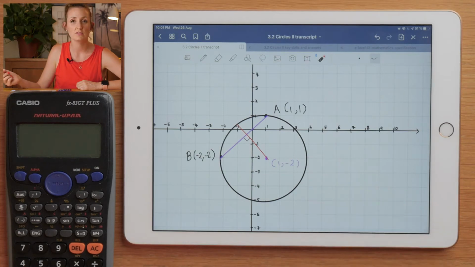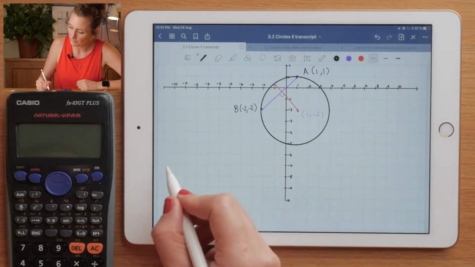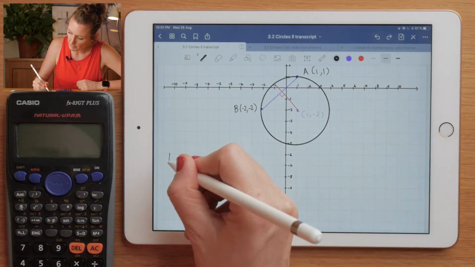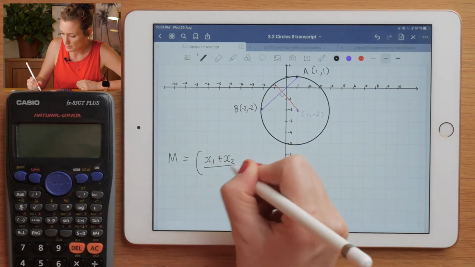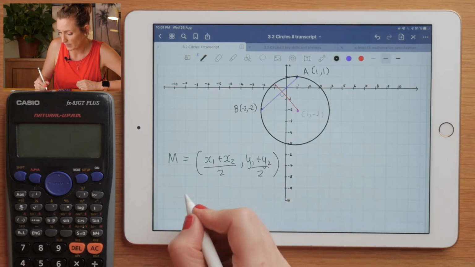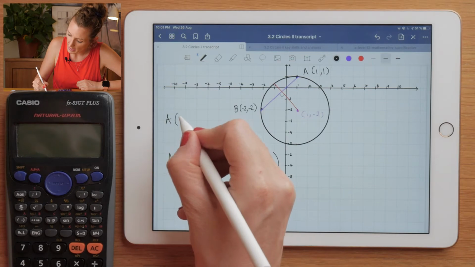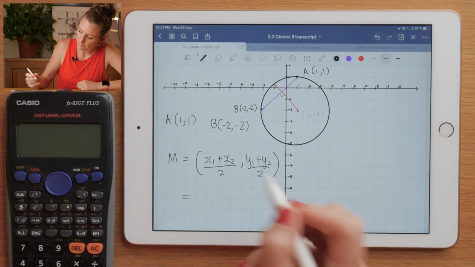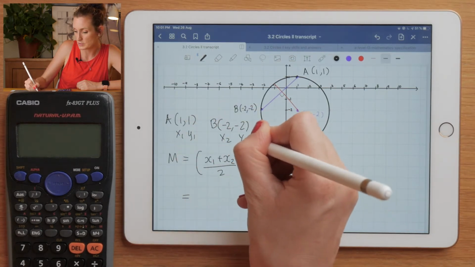So to find the point of intersection, it's really easy. All we're going to do is use the midpoint formula. If you don't remember the midpoint formula, it's (x1 + x2)/2, (y1 + y2)/2. And we're going to use our endpoints A (1, 1) and B (-2, -2) as our x1, y1, x2, y2.